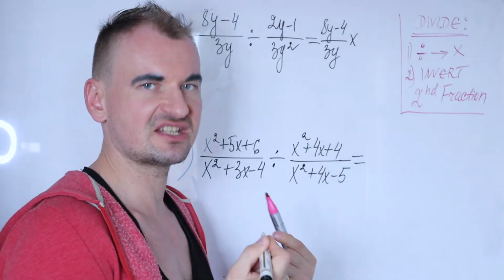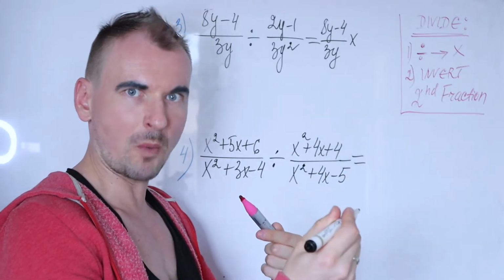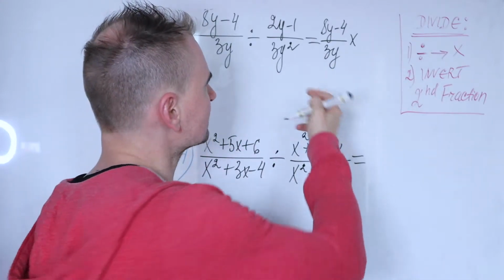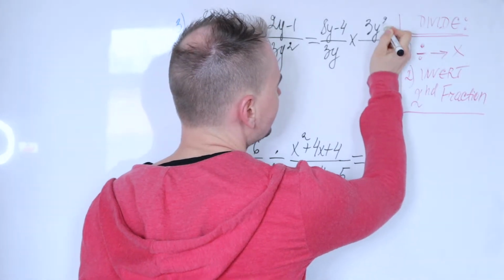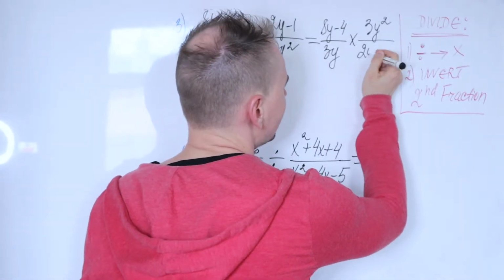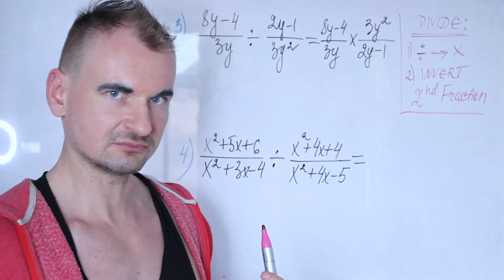You need to take the reciprocal, which means you simply swap top and bottom. So 3y squared goes on top of your fraction, and 2y minus 1 goes on bottom.